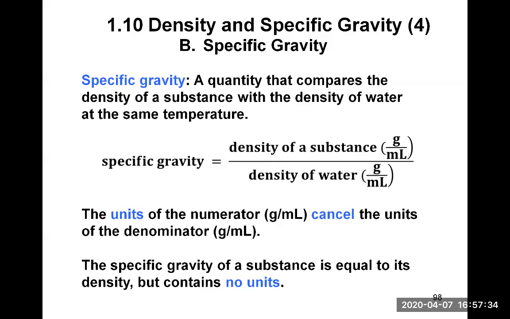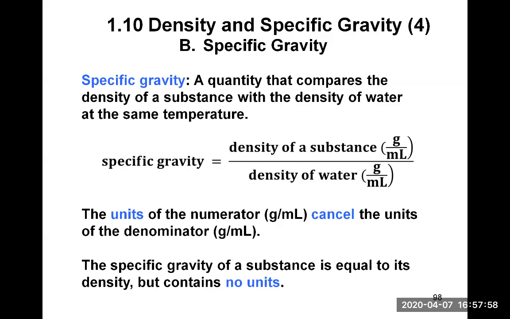Anyway, if we go back to the specific gravity here, the units of grams per milliliter in the numerator will cancel the units of grams per milliliter in the denominator. So the specific gravity of a substance does not have units, and it is equal to its density, but contains no units.